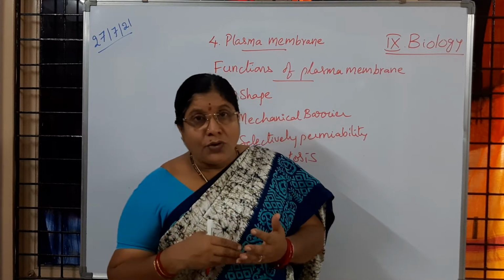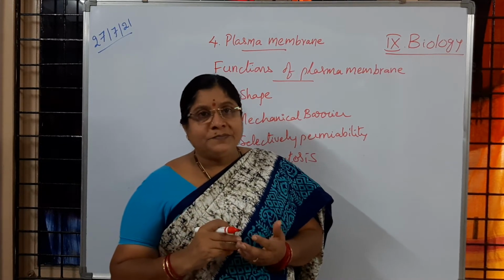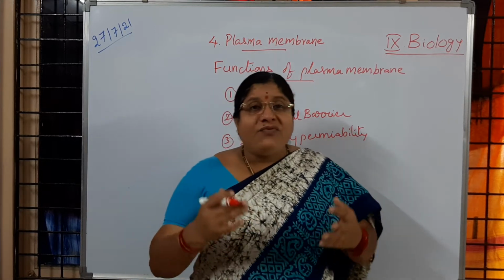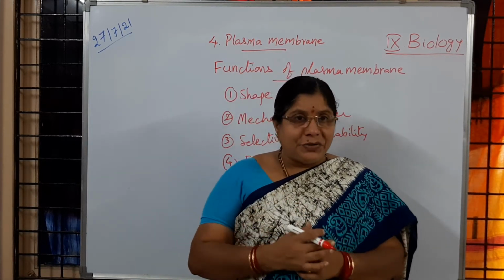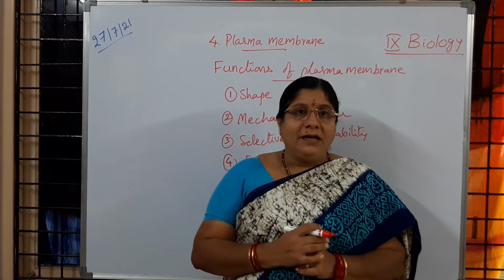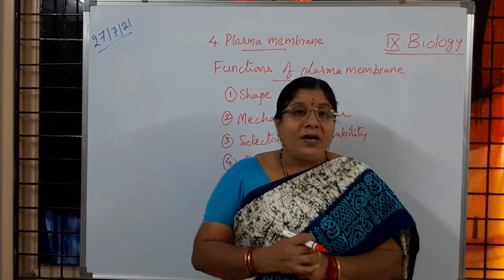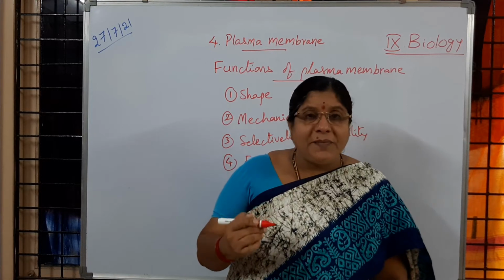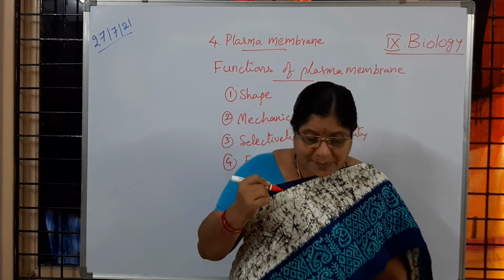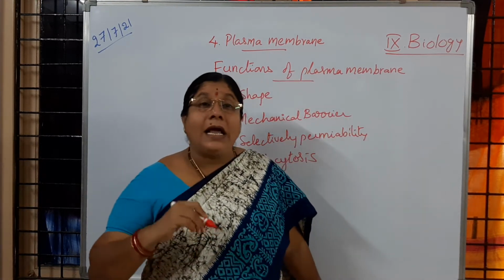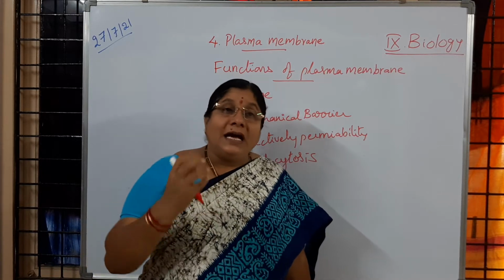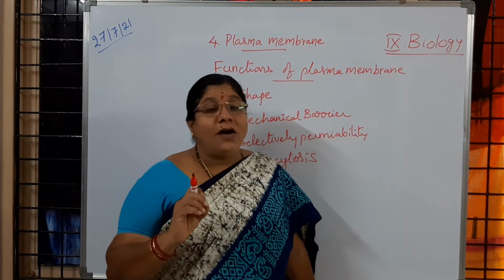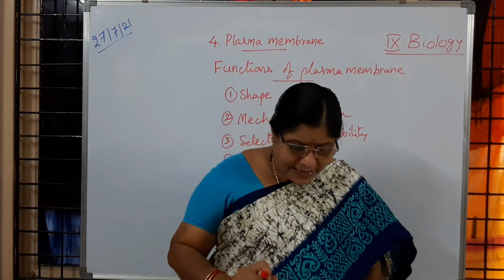Through food or through water or other means, any foreign materials that enter our body which are not needed for our body. The plasma membrane has the capability of identifying, engulfing and digesting them, so that the health of our body is maintained.